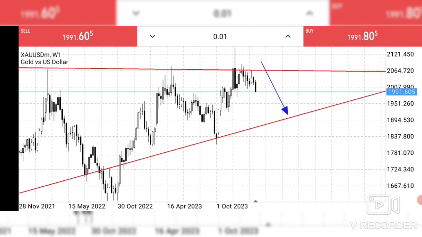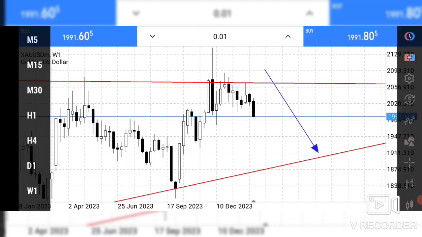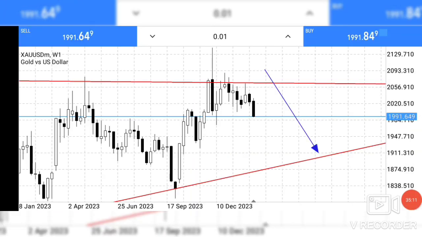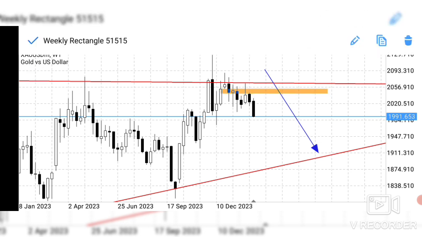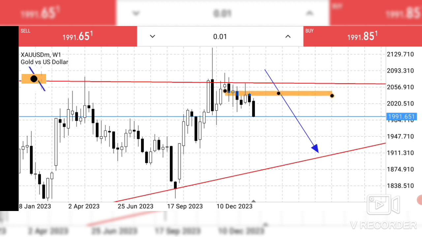So we go to the weekly. We notice what sellers have been doing here. They recently broke this. But before then, there was a tiny structure here, because if I use the body, you know that the body is more critical to look into.